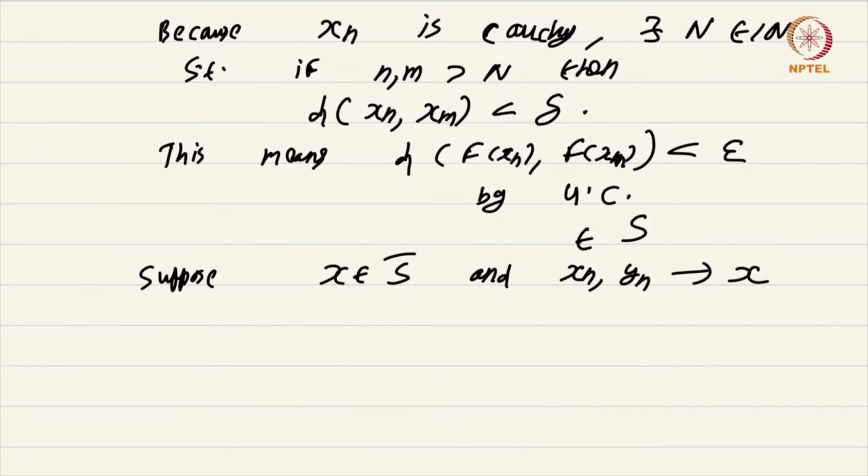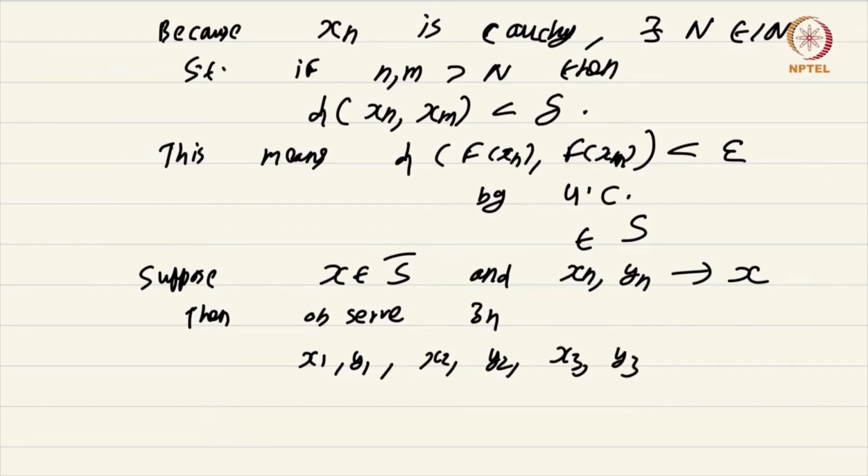Then observe that if I consider this new sequence z_n, I'm not going to write down a formula for z_n, I'm going to leave that to you. But z_n is just this sequence x_1, y_1, x_2, y_2, x_3, y_3, and you get the big picture. It's rather trivial how to write down a precise formula for z_n. I'm going to leave it to you. This sequence z_n is also Cauchy.